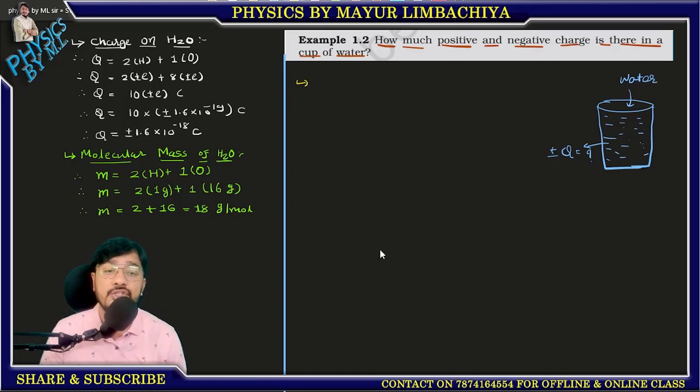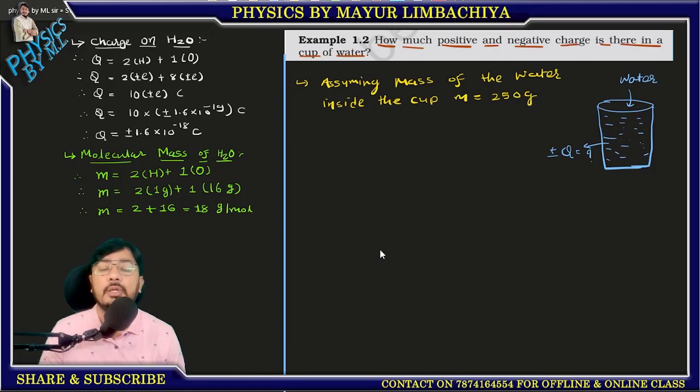So let me assume the mass of the water inside the cup, m is equal to 250 gram.